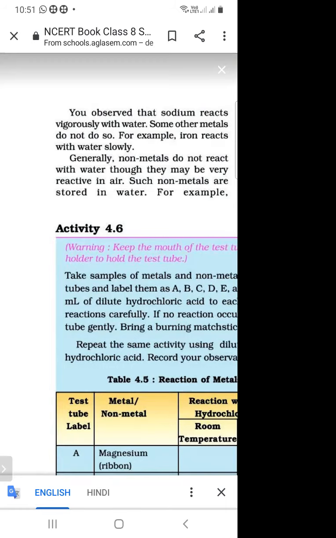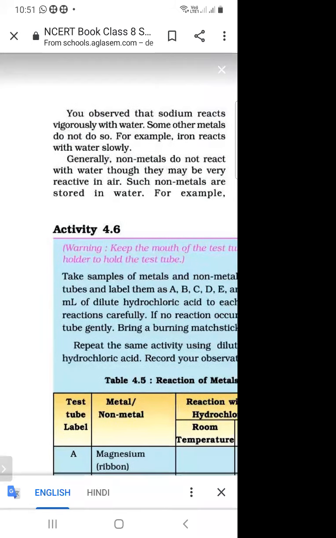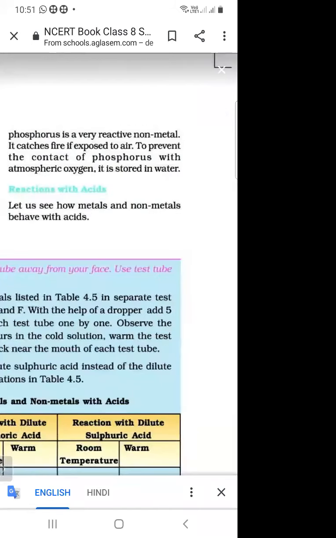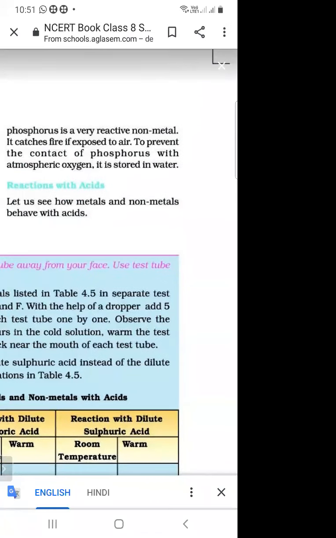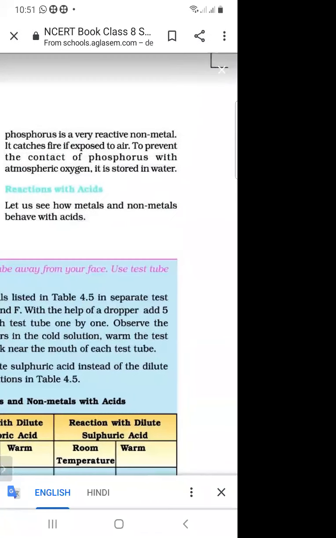Why do we store phosphorus in water? Because phosphorus is a very reactive non-metal, and it can catch fire if it is kept in the air. So to prevent this explosion, it is stored in water.